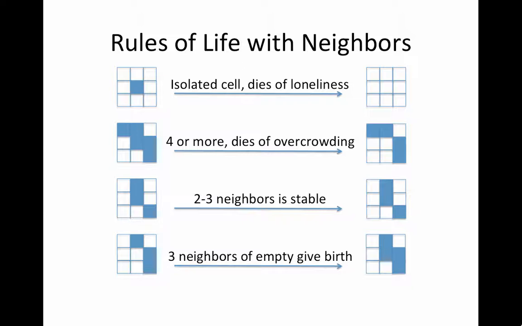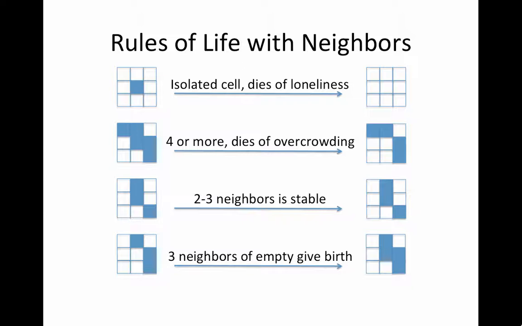If we have an isolated cell, if it is the only alive cell among its neighbors, then it will have to die as well. Now, if 4 or more cells around it are alive, that will also lead to its death because of overcrowding. So we have already seen 2 conditions that will lead a cell from being alive to being dead.